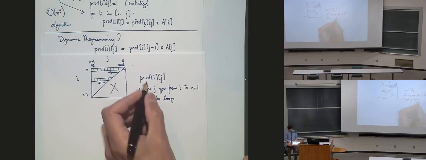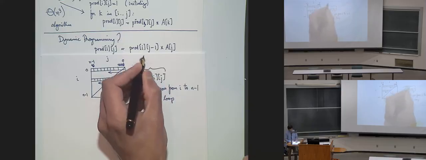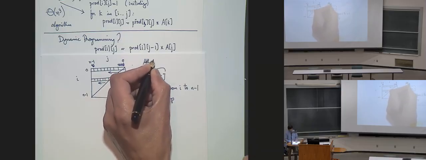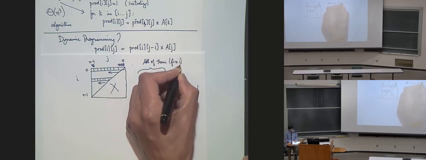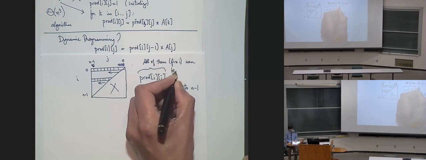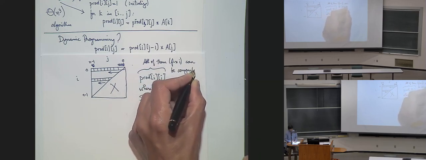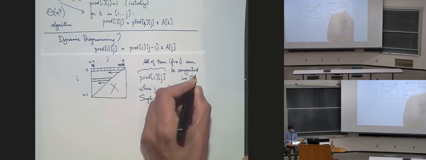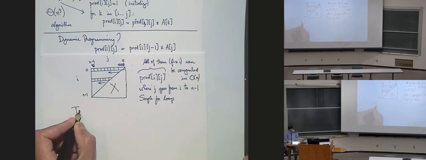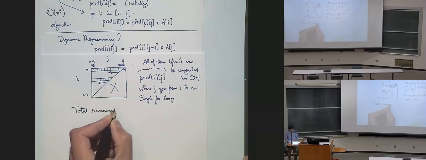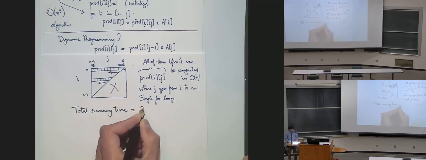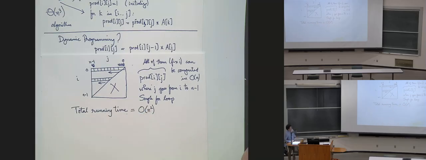So single for loop, so all of these entries, all of them, where you fix i, can be computed in O of n, and the total running time is O of n squared.